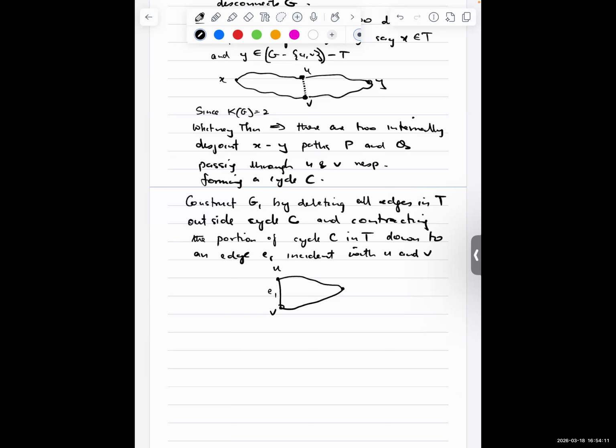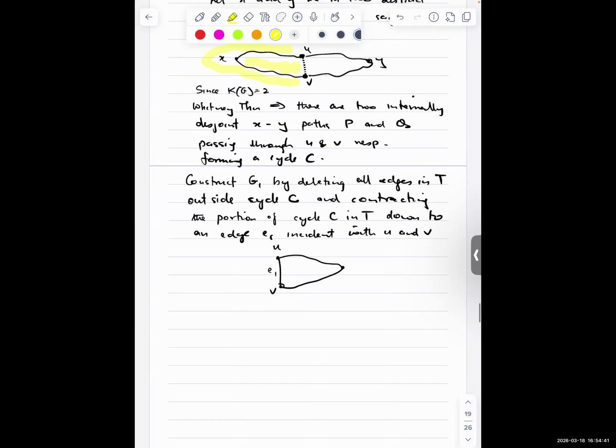So X disappears. Yes. So what you're doing is throwing out all the edges outside the cycle, right? And contracting the entire cycle down. And what's left on the left-hand side is E1. All right. Sorry, for a moment, I was just wondering why I'm calling the right-hand side H1, but apparently that's what I am doing. So this is, I mean, G1.